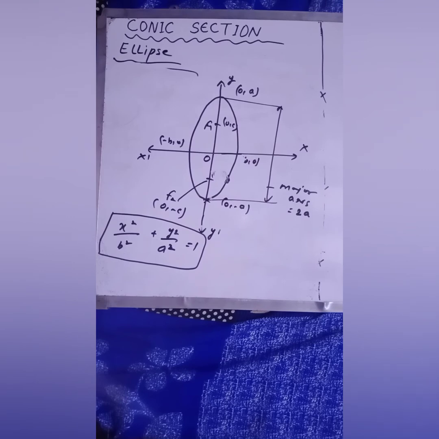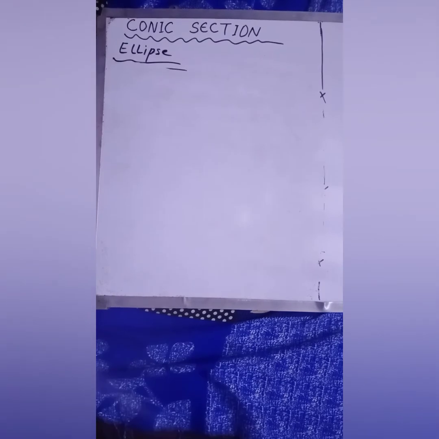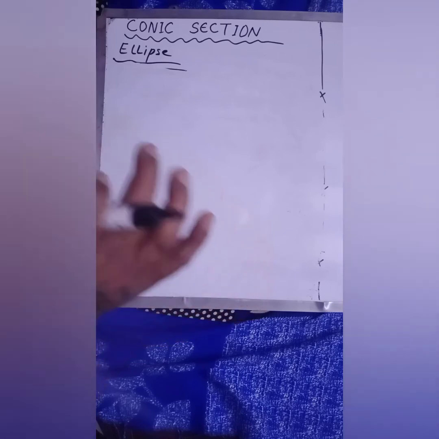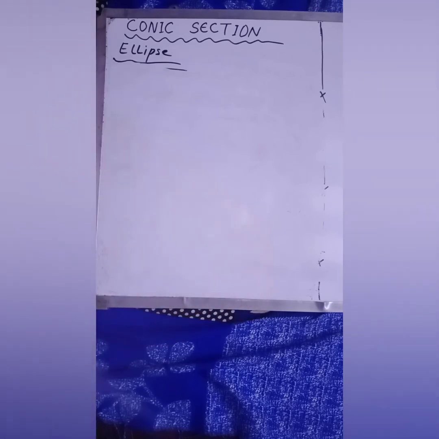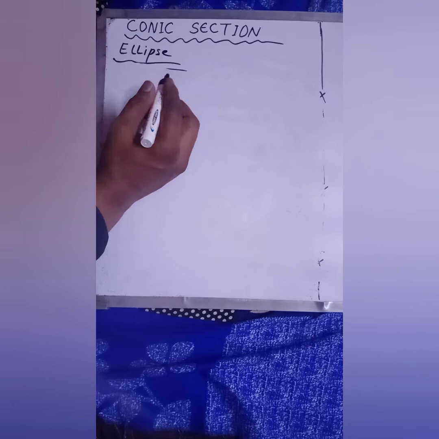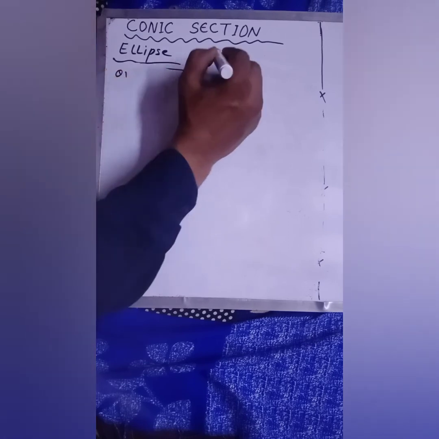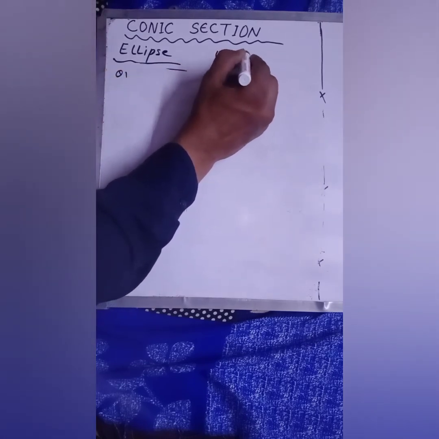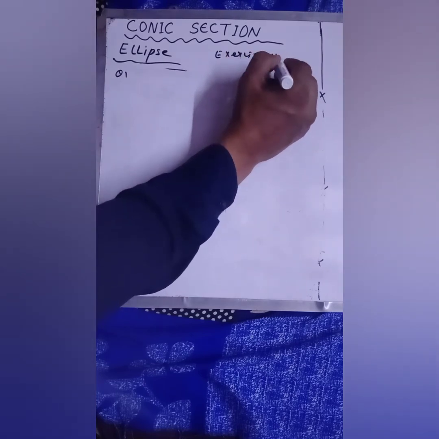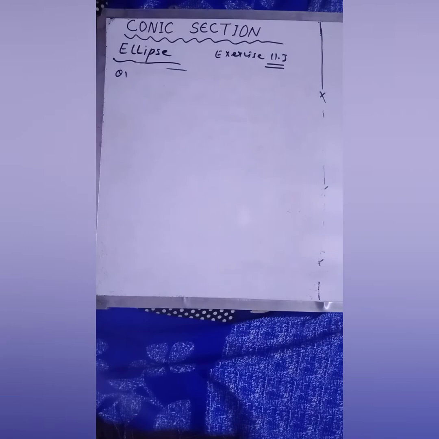Okay. Now see. No need to do the derivation for this. Okay. Just learn the formula and apply it. See, I'm solving your question number first of your exercise (11.3).